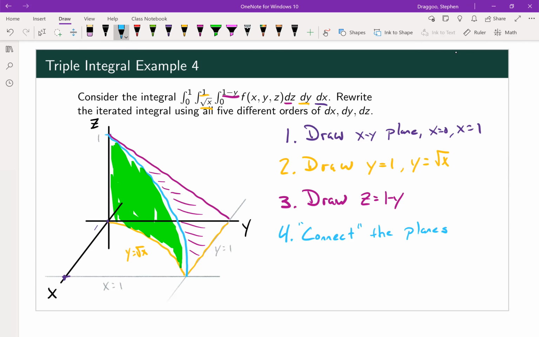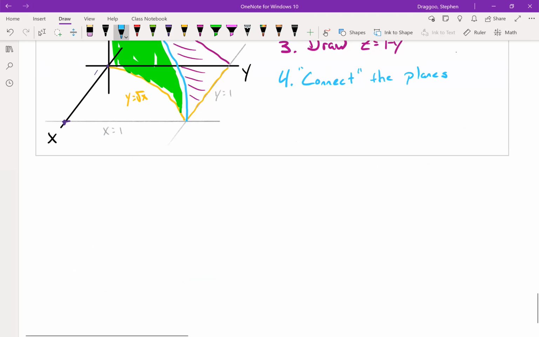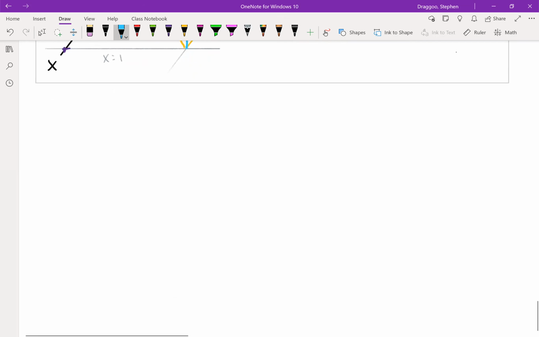And since my outer 2 variables are y and x, I'm going to start by projecting this thing into the xy plane. So scroll this down a bit. We are going to do dz first, followed by dx and then dy. So that's going to be the new order, which means projecting into the xy plane.